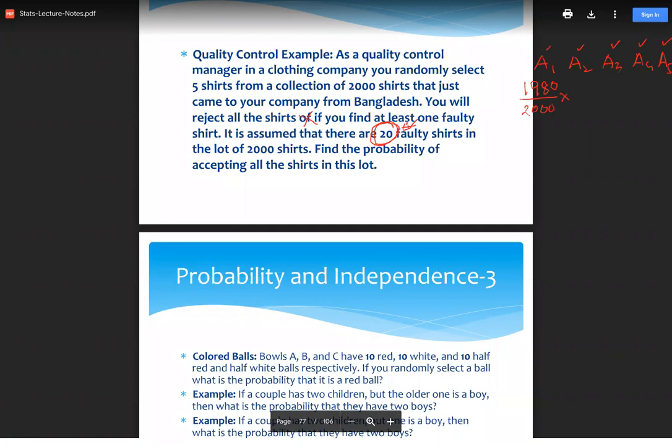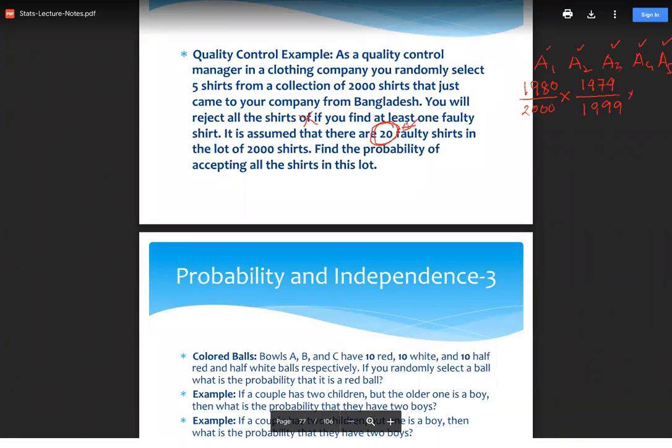times. What is the probability that you'll pick the next one and it will still be a good shirt? It's gonna be 19 what? You picked one and that's a good one. You put it aside, right? I thought we were subtracting 20. Never mind. So you picked one, that's good. So you put it aside. So then 1979 good ones out of what? 1999.